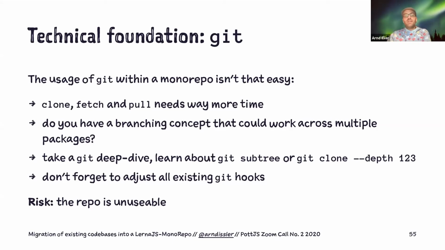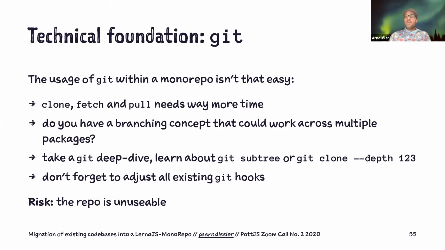So maybe as a technical foundation, maybe you're using Git like I do. The usage of Git within the MonoRepo is not that easy. Clone, fetch, pull need way more time. It's a little bit sluggish, and it takes a lot of disk space. And do we have a branching concept across all the different projects? So how does this work out?